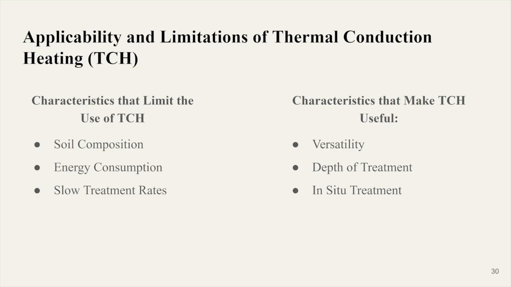This can lead to a high operational cost, especially for larger or deeper contamination zones. And slow treatment rates, because compared to other thermal methods, TCH may have relatively slower treatment rates. This is particularly evident in situations where heat distribution is uneven and where there are barriers to heat transfers within the subsurface. Now let's look at the characteristics that make TCH a useful remediation method.